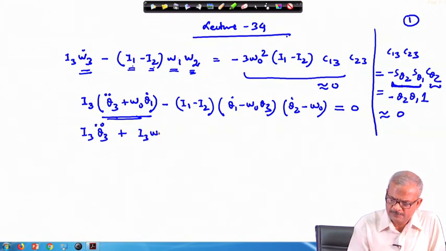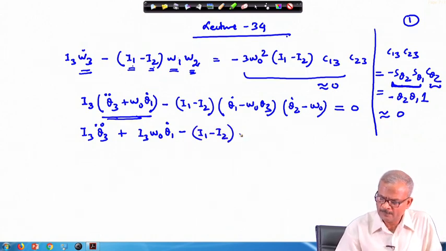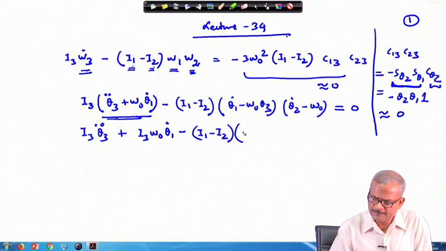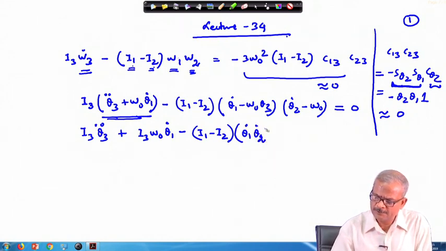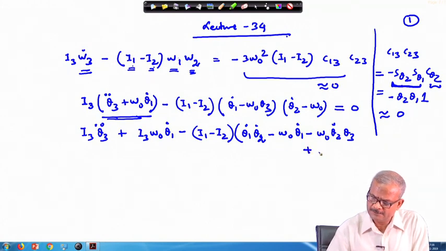I 3 times theta 3 double dot plus omega 0 times theta 1 dot, minus (I 1 minus I 2) and expand this term as earlier we have done, theta 2 dot minus omega 0 times theta 1 dot minus omega 0 theta 3, and the last term will be plus omega 0 square theta 3, and this equal to 0.